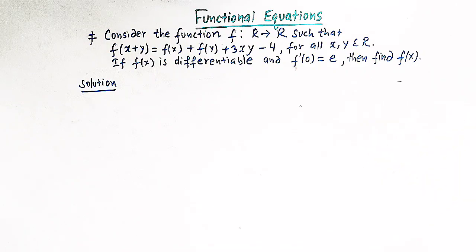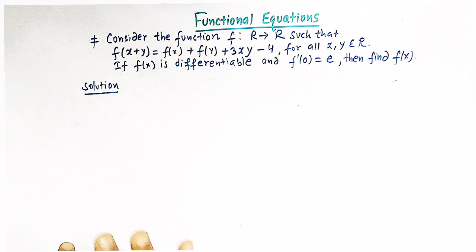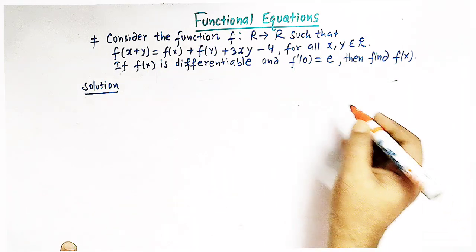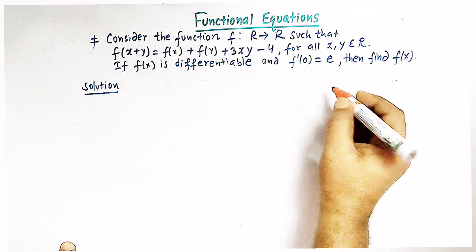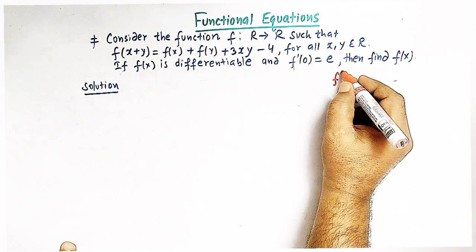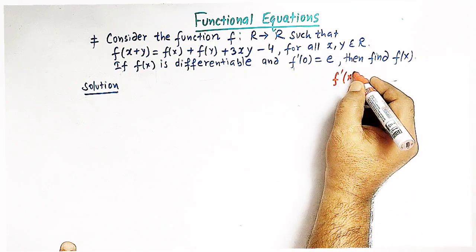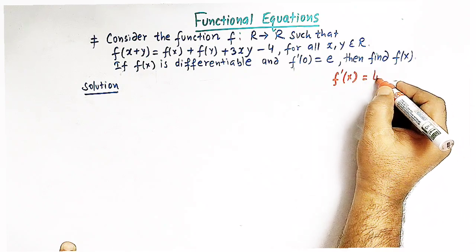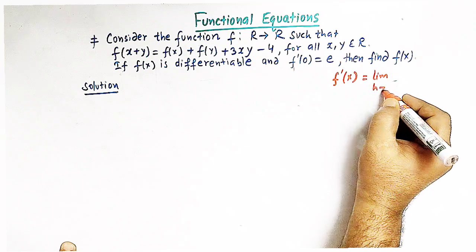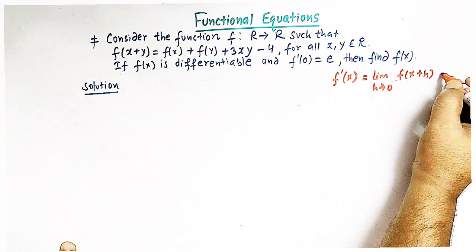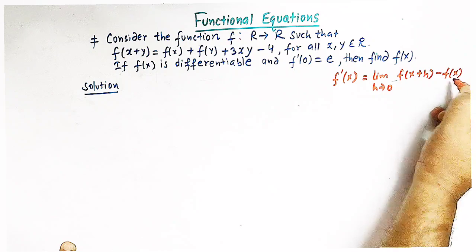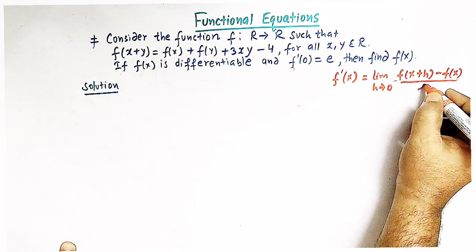So let us start. Before solving this problem, let us quickly see the definition of the derivative of a function, which is also known as the first principle, right? The derivative, that is f prime of x, is given by this limit: limit h tends to 0, f of x plus h minus f of x divided by h.